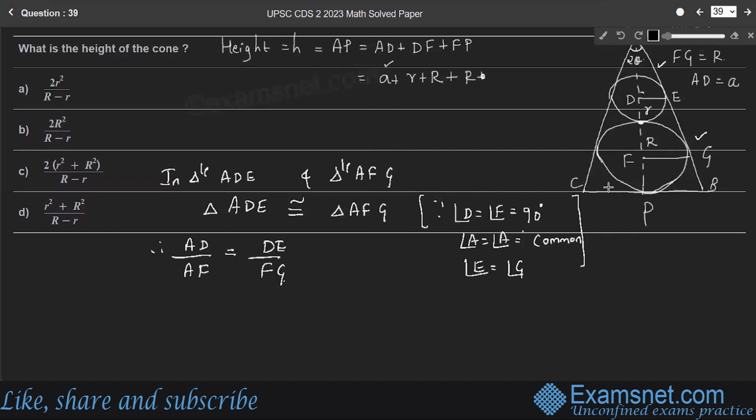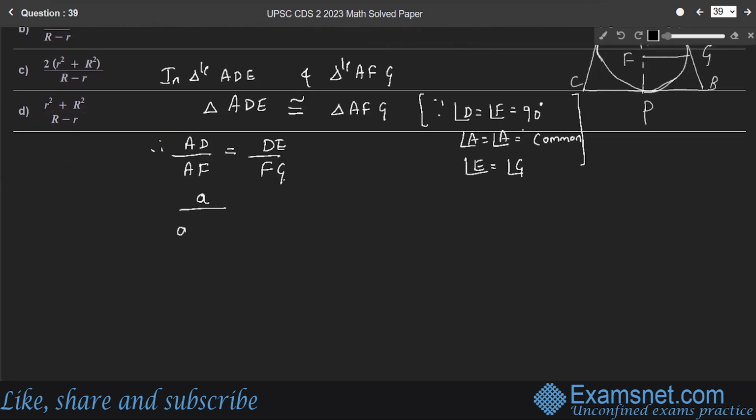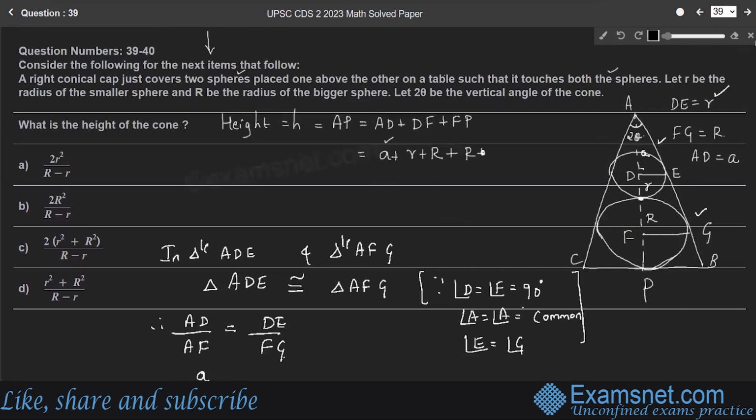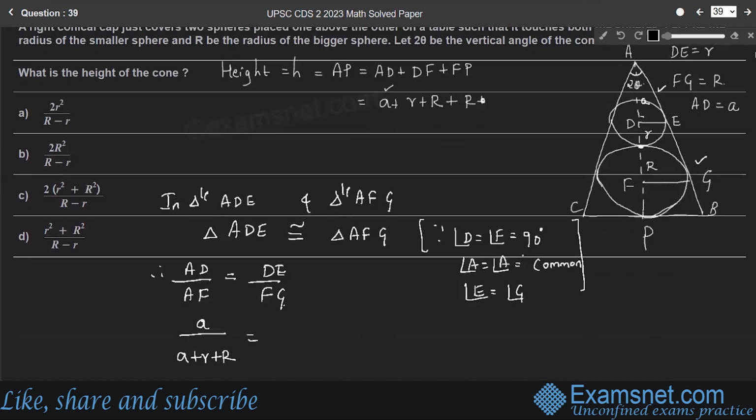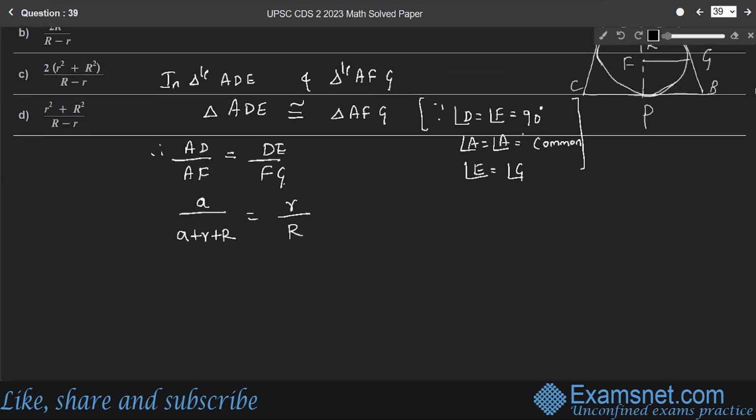Since AD is small a, AF is small a plus small r plus capital R. So a plus r plus R over a is equal to DE, the radius of the smaller sphere, which is small r, and FG is capital R, so r by R. Now we need the value of a.